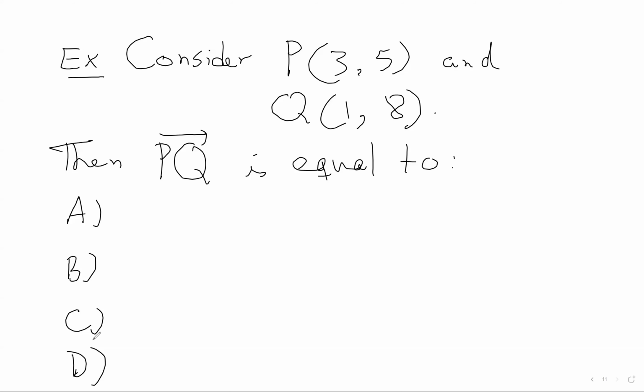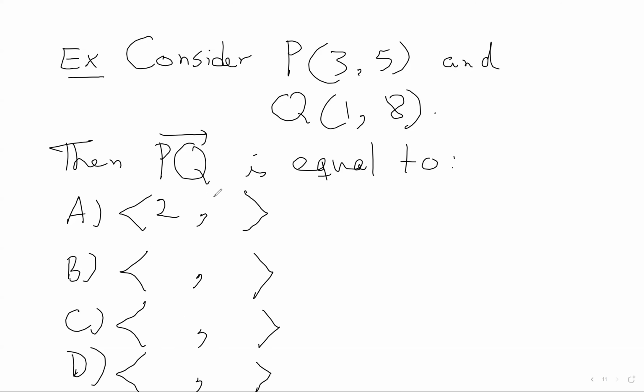The first one is A, and in all of them, I use this notation. So one of them is (2, 7), (2, 3), (-2, -3), and (-2, 3).